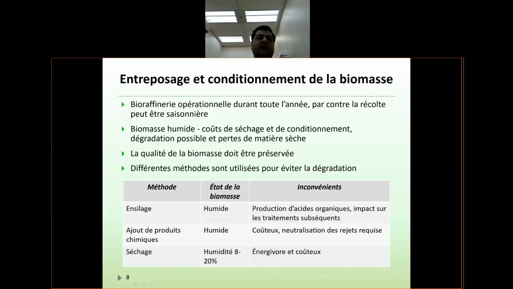Another technique for conditioning is séchage, or drying. They apply drying in order to reduce the humidity of biomass to 8 to 20%. But again, with drying you have to consume energy, so it is an energy demanding process and expensive.